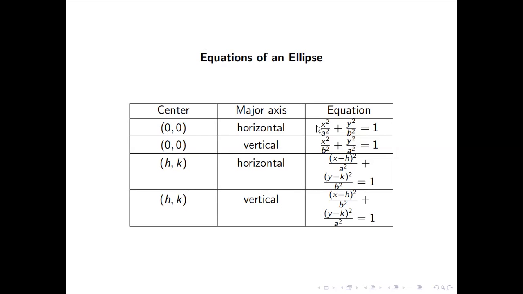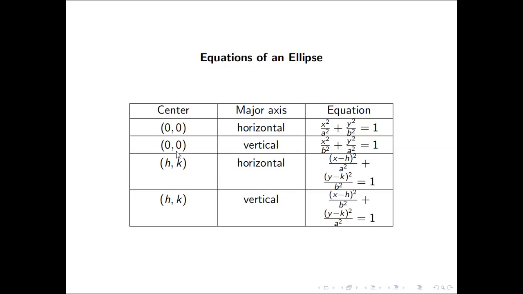We have the first equation if the major axis is horizontal, and that happens when a squared is under x squared. Note that a squared is always the greater value among the two, a squared and b squared. Now, if a squared, the greater value, falls under y squared, then its major axis would be vertical, and its equation would be like this, given the center is at the origin.